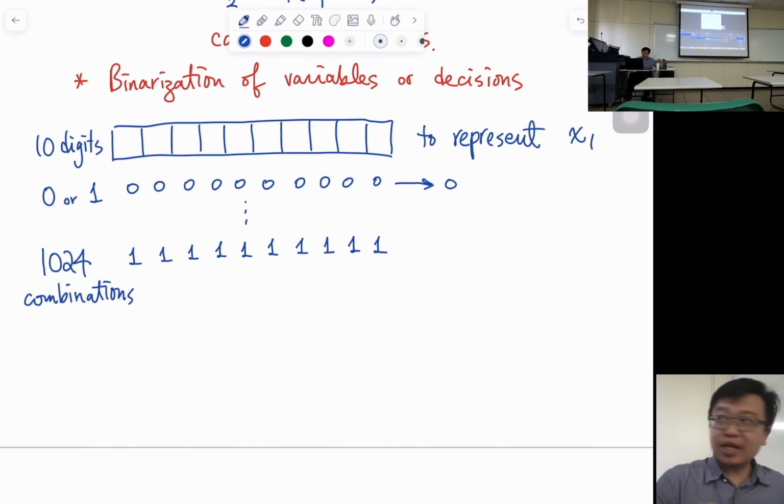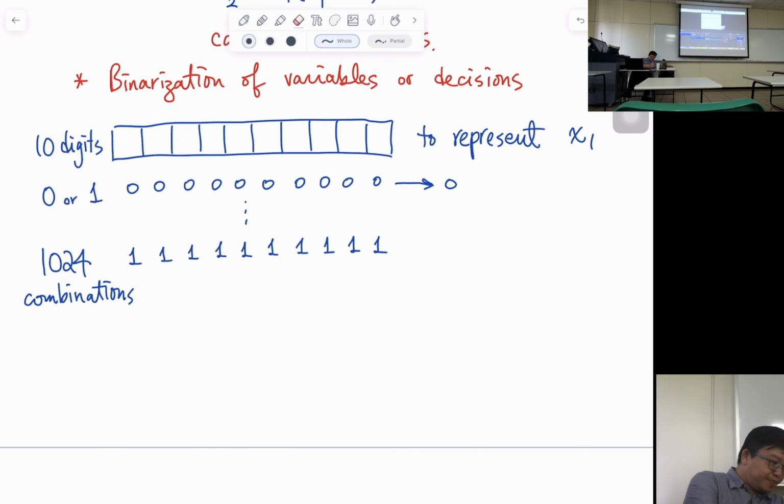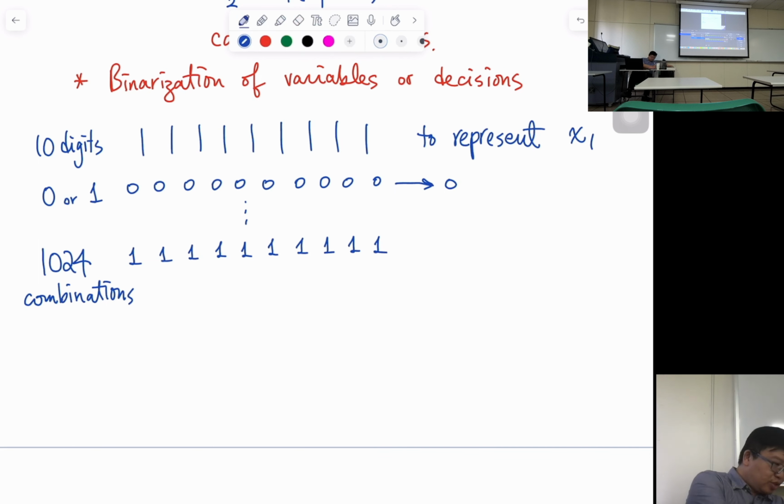Then I can cut into 1,000 combinations. So just 9 digits.